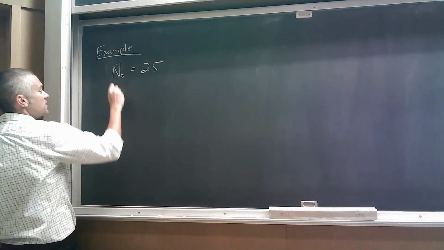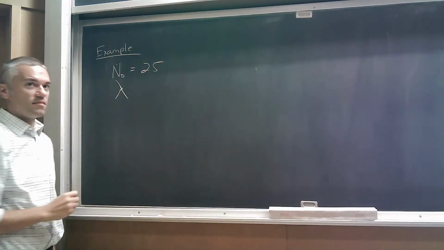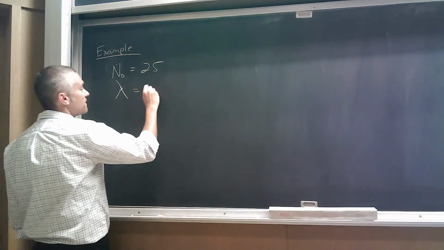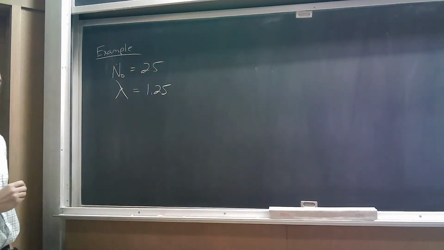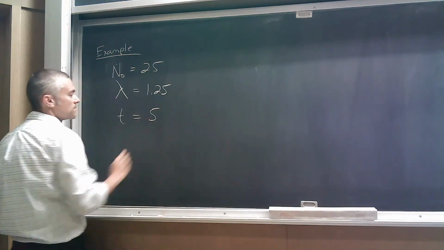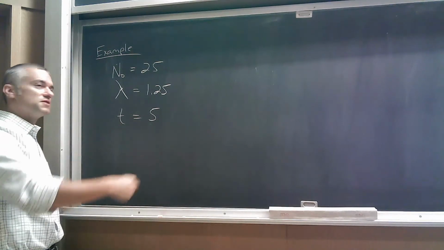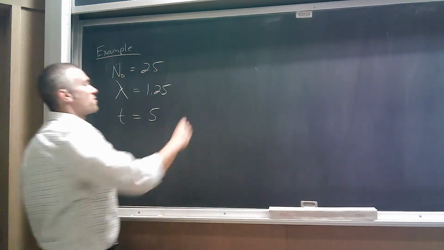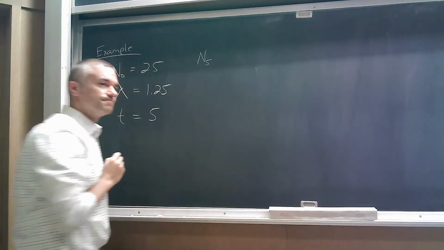I give you lambda in the problem. Lambda in the problem is 1.25. And I ask you for population size in 5 years. In 5 years is 5 time periods forward. So what we're trying to find is n sub 5.